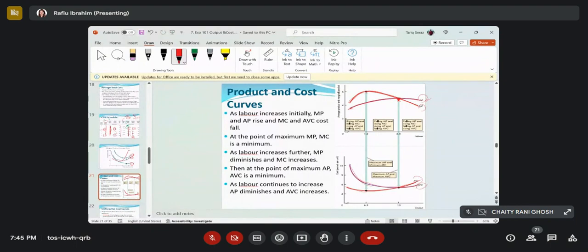So as long as marginal is greater, the average increases. And the other way around is also true. If the average is higher than the marginal, then adding the marginal actually reduces the average.